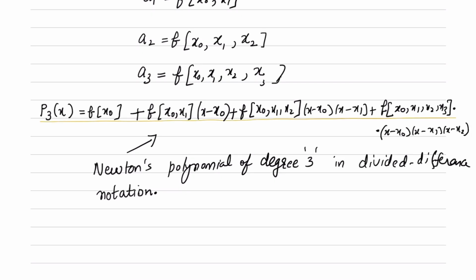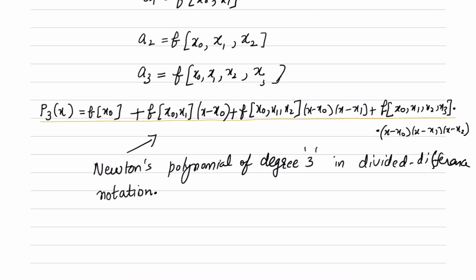So to convert a Newton's polynomial into divided difference notation or divided difference operator form, you only have to write a's in Newton polynomial in the form of divided difference operator.